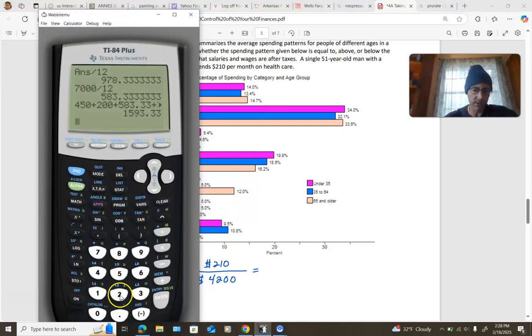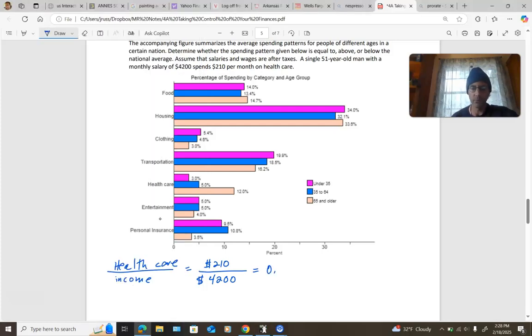Let's see what this is. 0.05. Remember, to convert a decimal to a percentage, you multiply by 100, which will move that decimal to the right 2 places, and this will end up giving us 5%. So what we need to do now is compare this with what we have in this bar graph.